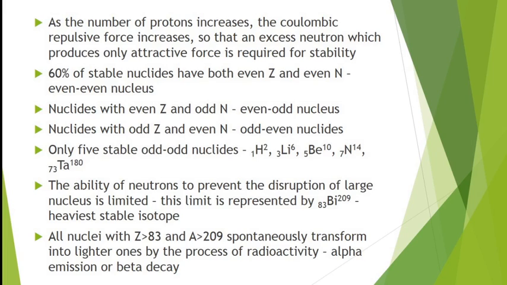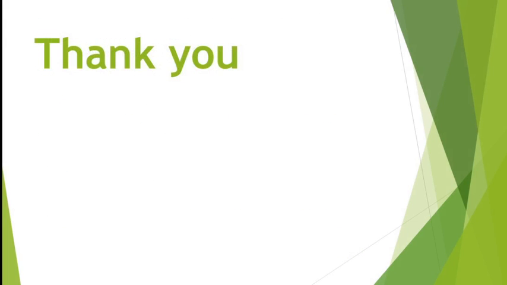So the maximum limit of a stable nuclide is bismuth, and after that the nucleus will attain stability by undergoing several decay processes like radioactivity. Thank you.